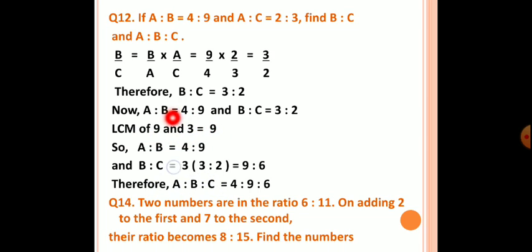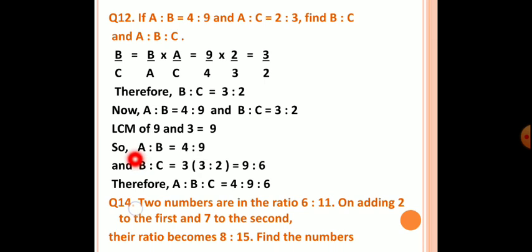So we have to convert the value of B to 9. In the first one, A is to B, that is 4 is to 9, the value of B is already 9, so we don't have to multiply anything.